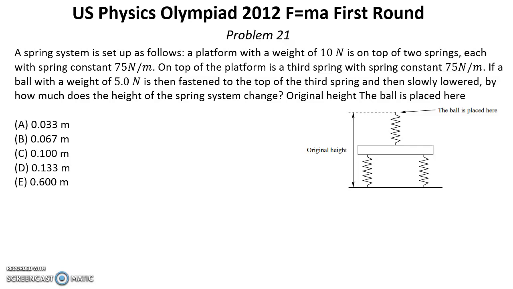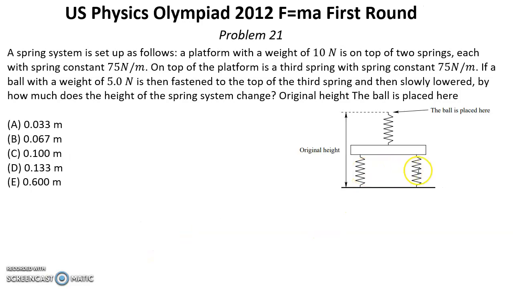In this problem we just need to find the spring constants for parallel connected springs and series connected springs. The two lower springs are connected in parallel. It means that the equivalent K1 equals 2K. Next we have the upper spring connected to these lower springs, and they are connected in series.